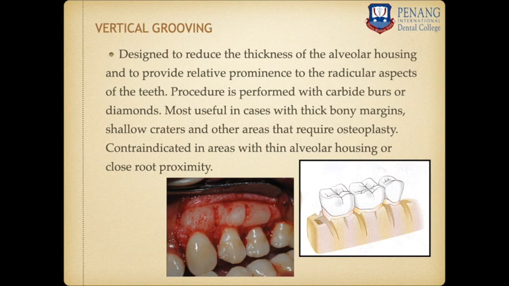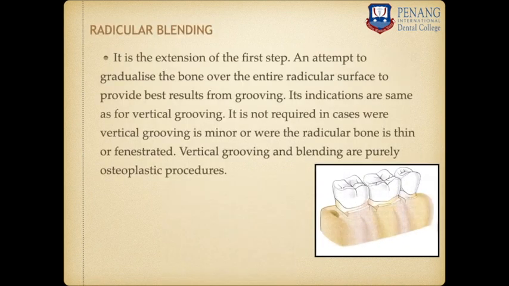We will directly go on to the resective procedure, osteectomy, rather than the osteoplastic procedure in thin bony architectures. If it is a buttressing bone formation, then we will perform vertical grooving and radicular blending to reduce the amount of bone on the facial and lingual aspect of the tooth.